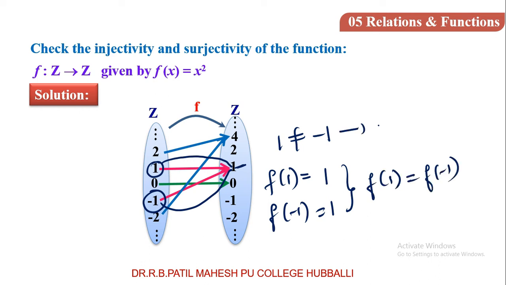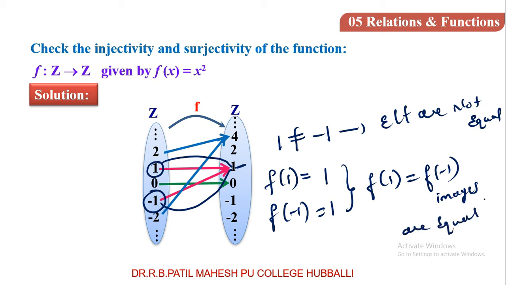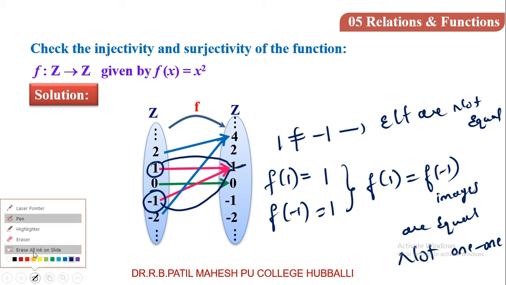Here the elements are not equal, meaning different, but the images have become equal. Do you think that this satisfies the definition of one-one? Absolutely no. Therefore, this is not a one-one function. Elements are different, but images are the same. This fails the definition of a one-one function that I can see here.